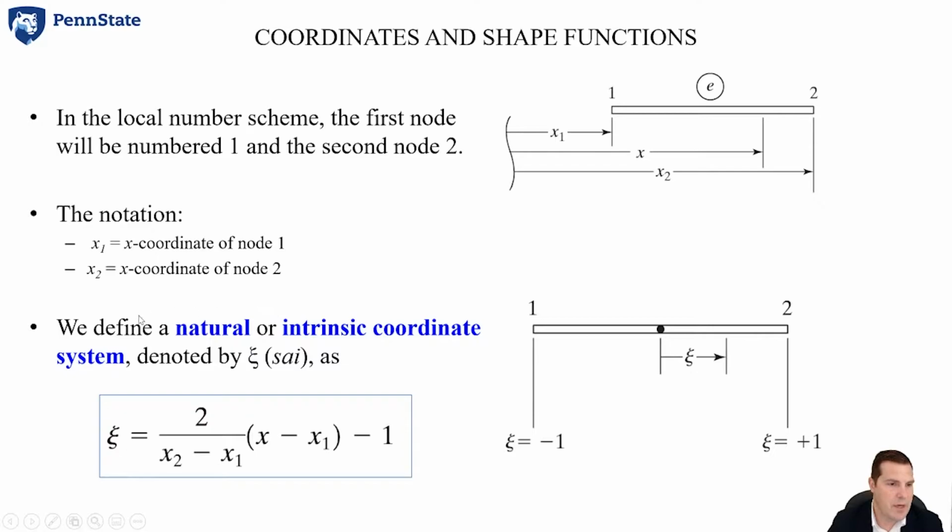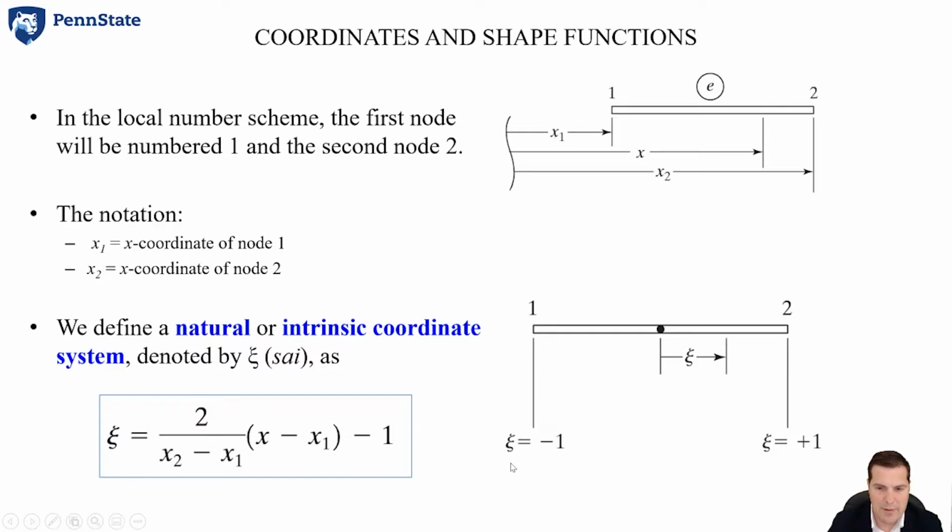Okay, so x1 represents the x-coordinate of node 1, x2 represents the x-coordinate of node 2, and we define what's called a natural or intrinsic coordinate system denoted by psi, the Greek letter psi. And this is a kind of neat little function. It's given right here. So if you look at the math, psi is equal to 2 divided by (x2 minus x1) times the quantity (x minus x1) minus 1.